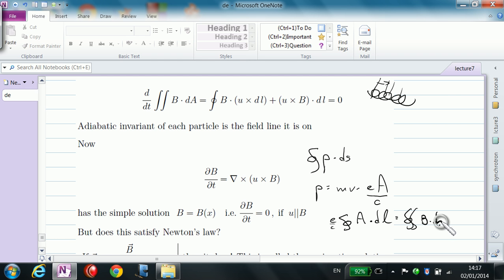I'll use small a for area, because B is the curl of A. So the integral of P dot ds is equal to e over c times B dot dA.